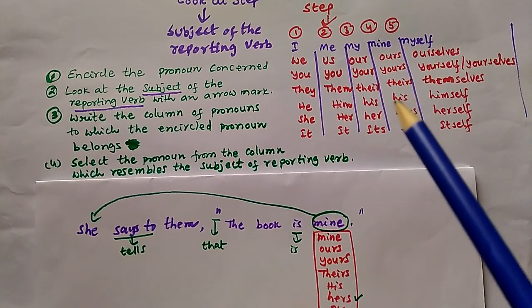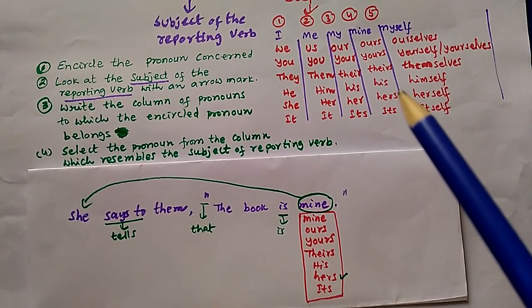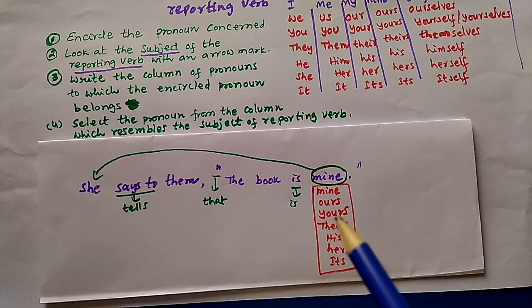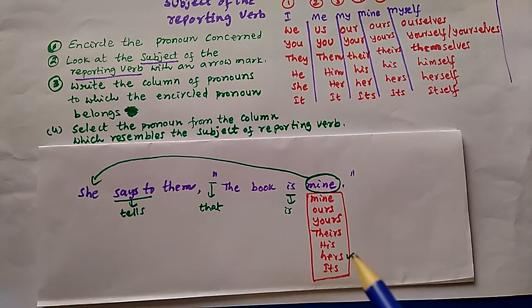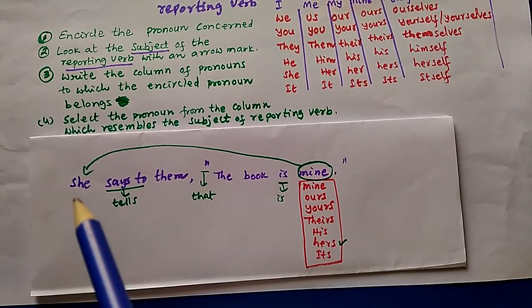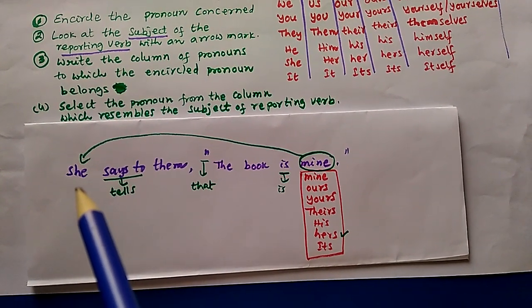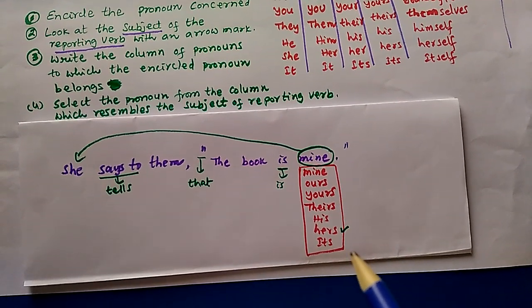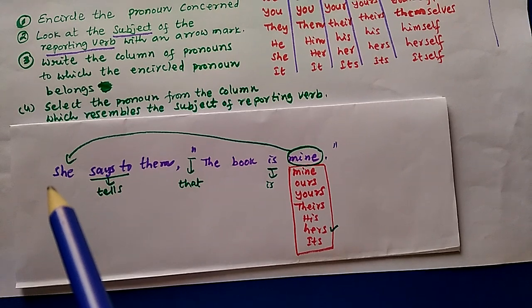So this fourth column is written here. Fourth column is mine, ours, yours, theirs, his, hers, its. So the same column is written here. Now the fourth step is that we have to select out of these columns the pronoun which resembles the subject of the reporting verb to which we have drawn the arrow mark. So she is not found here, but one of the pronouns in this column relates to this she.